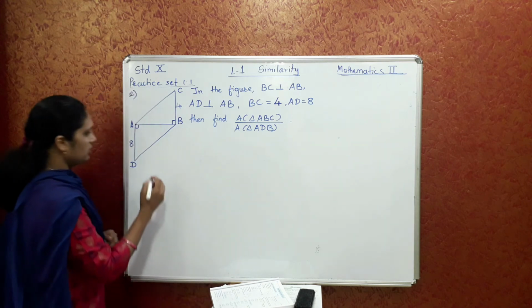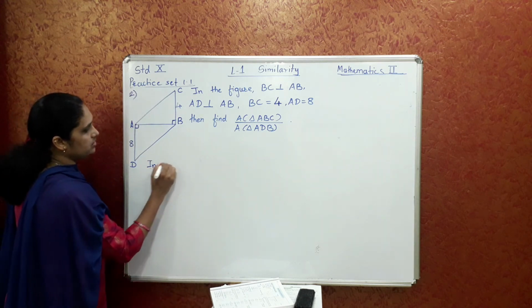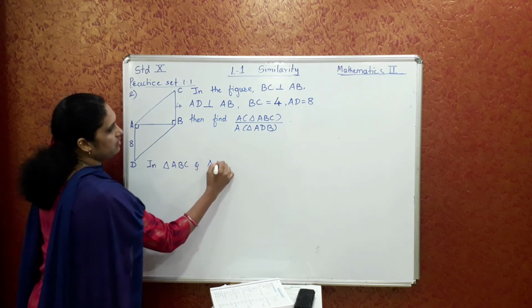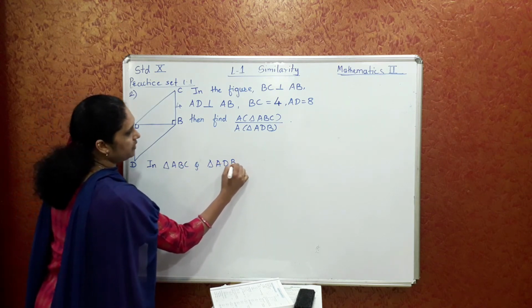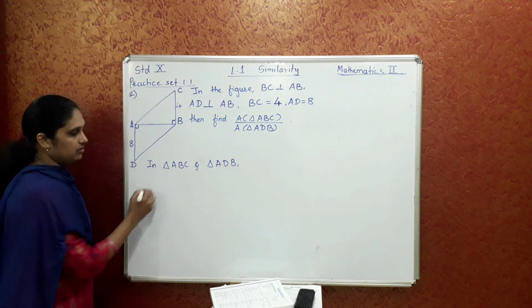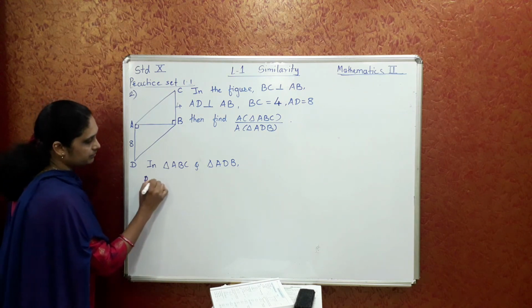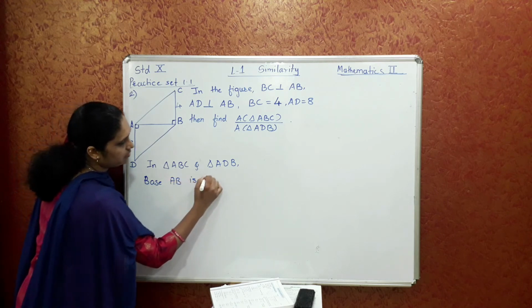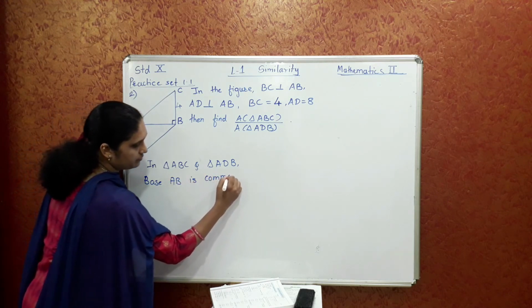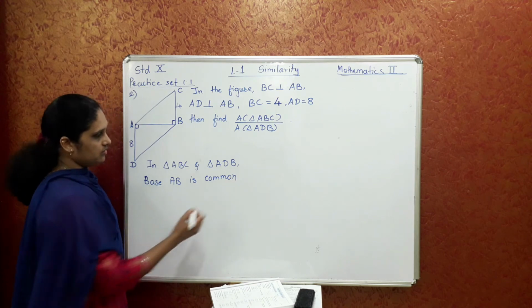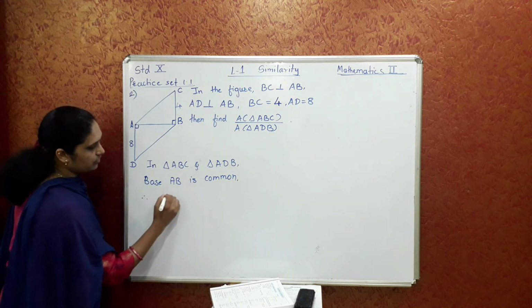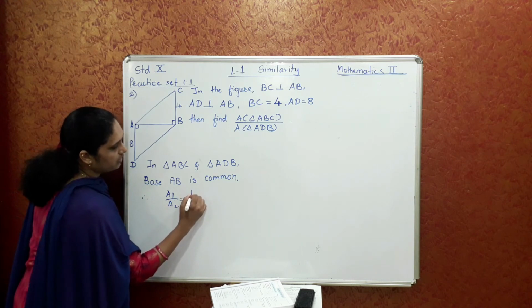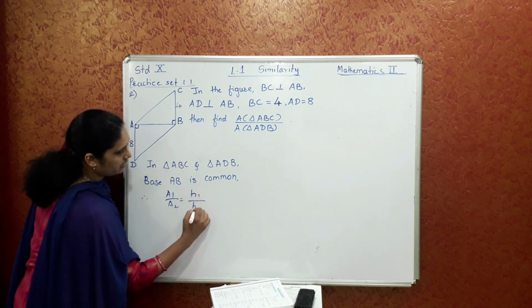So here I will write, in triangle ABC and triangle ADB, what is same here? Base AB is common. You can say common or same. Therefore, A1 upon A2 equal to H1 upon H2.